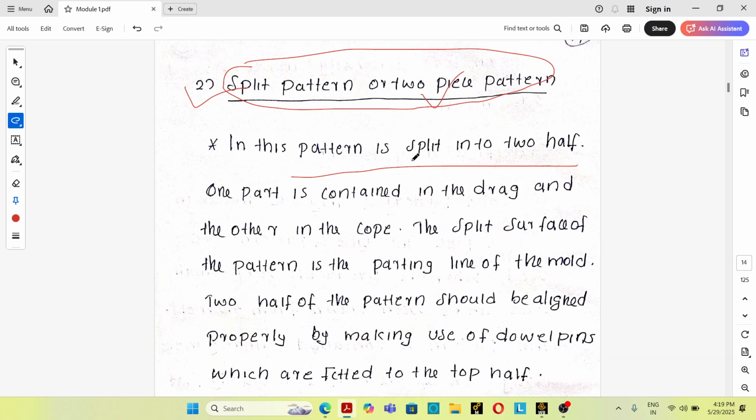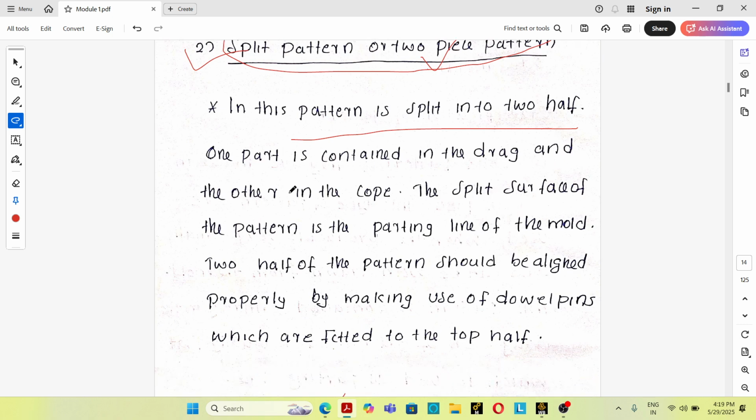So in this pattern, the pattern is split into two halves. One part is contained in the drag and the other in the cope. The split surface of the pattern is the parting line of the mold. The two halves of the pattern should be aligned properly by making use of dowel pins, which are fitted to the top half.